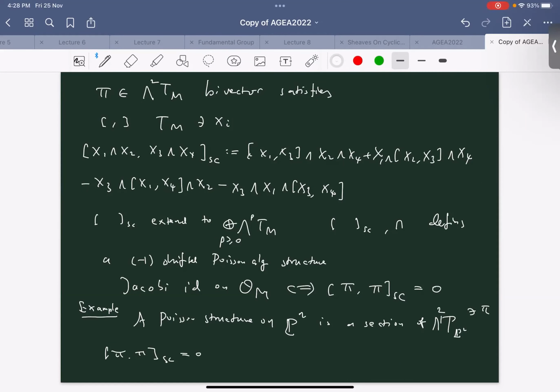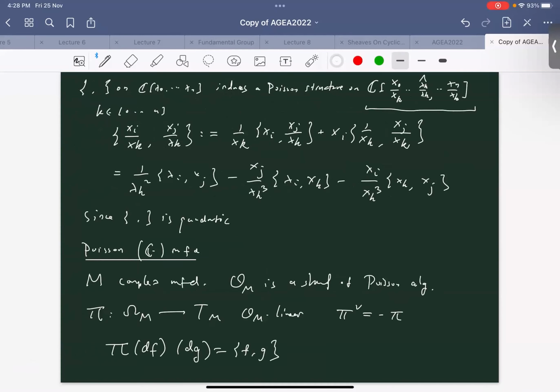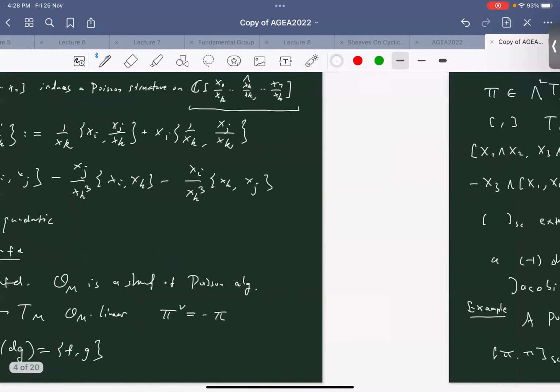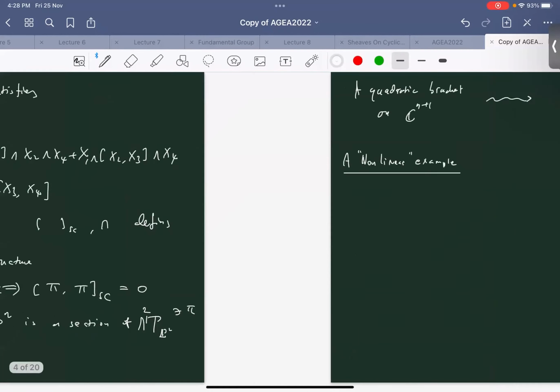Now we can look at this remark here. What I really verified here is that a quadratic bracket on C^(n+1) will give you a Poisson structure on P^n, which is the projectivization of C^(n+1). This is uniquely defined just by this formula here.